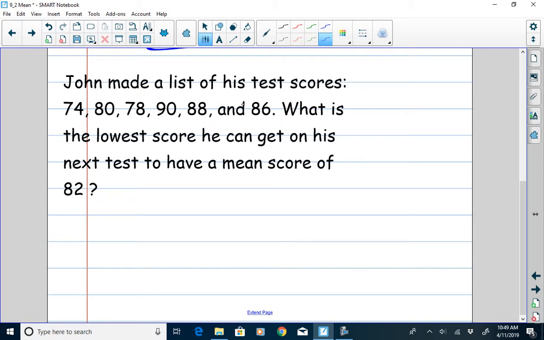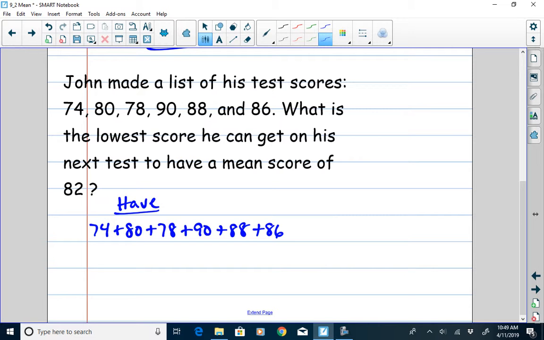It says John made a list of his test scores: 74, 80, 78, 90, 88, and 86. What's the lowest score he can get on his next test to have a mean score of 82? Well, we want to do those same steps. What do we have? We have 74 plus 80 plus 78 plus 90 plus 88 plus 86.